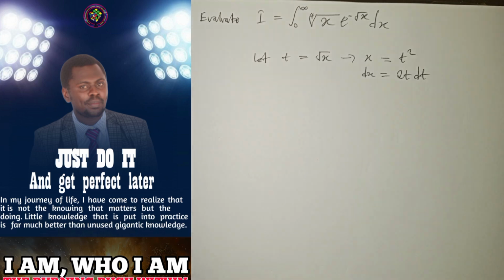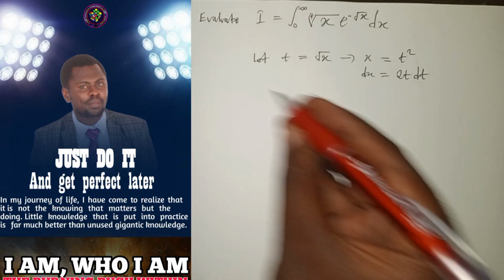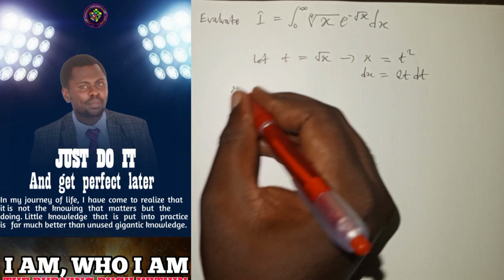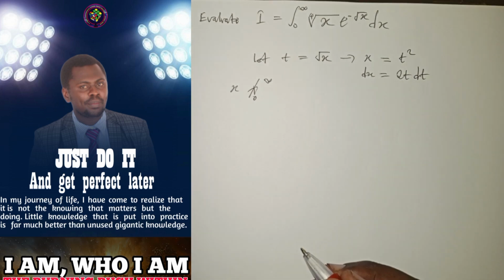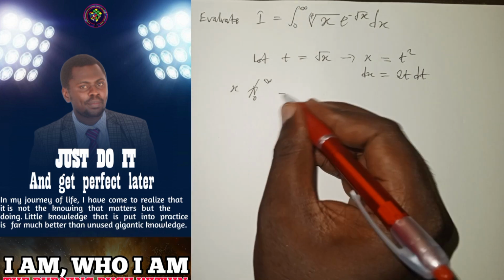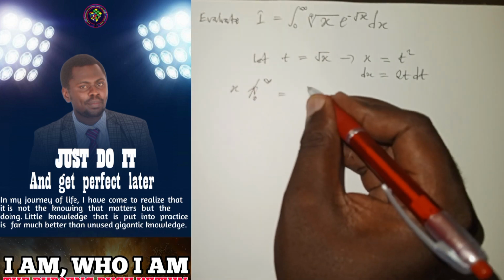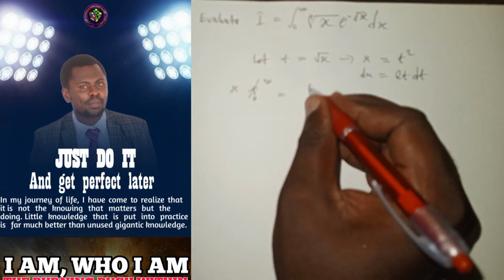So when you change the variables, you also change the limits, or you see if the limits have changed. So we had x from 0 to infinity, changing to t.